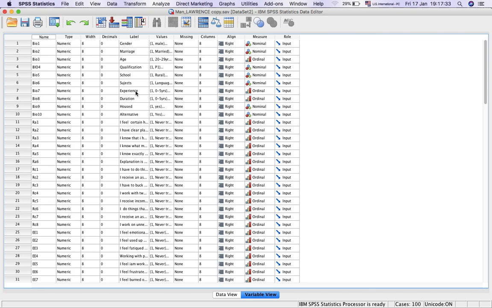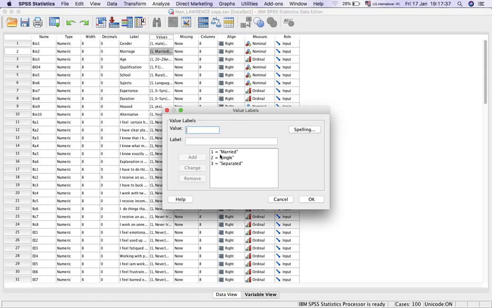Emotional exhaustion is continuous, marital status is categorical. For you to make one of these a reference category, it must be labeled 0. Whichever is labeled 0 will be the reference.